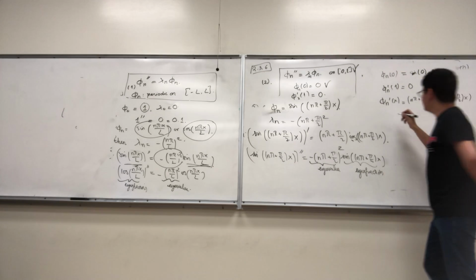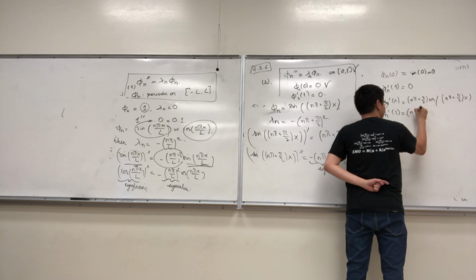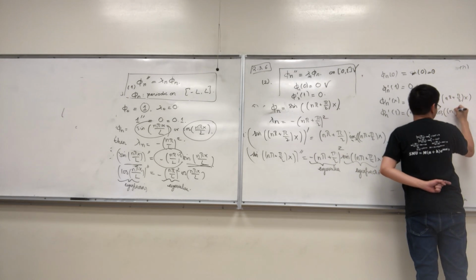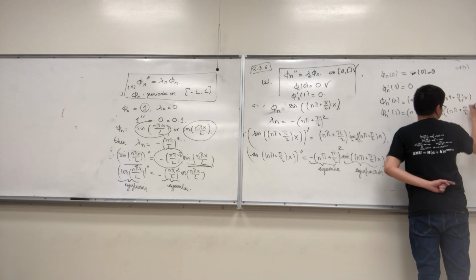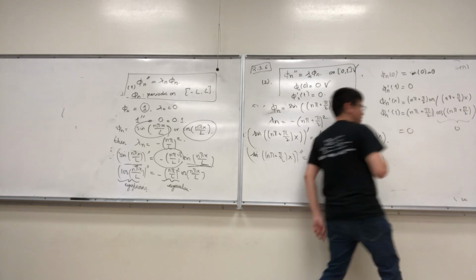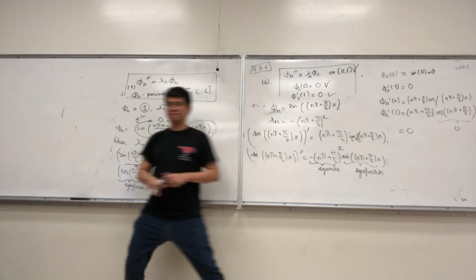Now I replace 1 here. So phi n prime at 1 will give me n pi plus pi over 2 cosinus of n pi plus pi over 2, right? So this is 0. And basically you get also 0. So the second boundary condition is checked. All right?